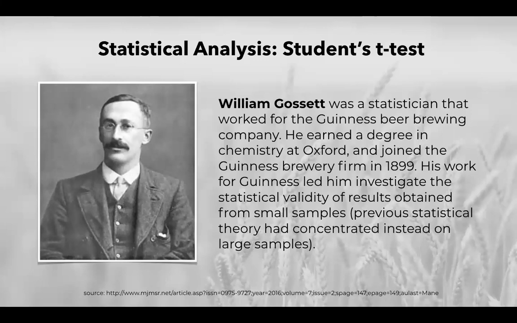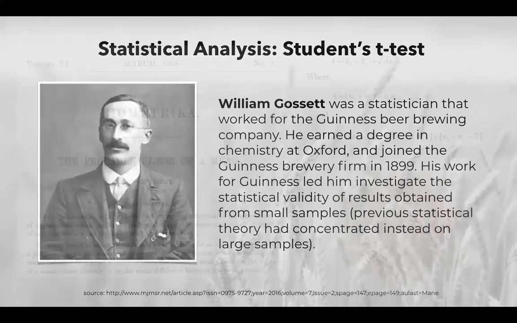His work for Guinness led him to investigate the validity of the results obtained from small samples. The previous theory was that it was done on large samples, but we will come to that in our next slides.